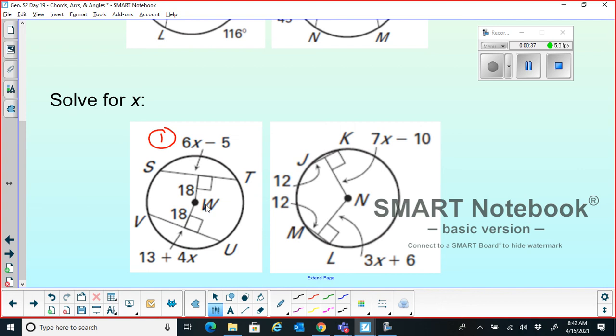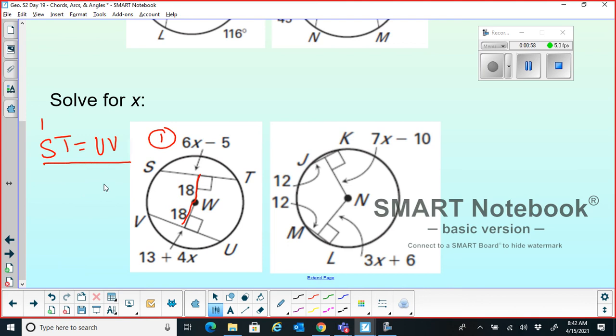That's what we studied in the previous class. That was one of our theorems. Therefore, I can just say that ST will be equal to UV, because the perpendicular distance from center to both the chords is the same.